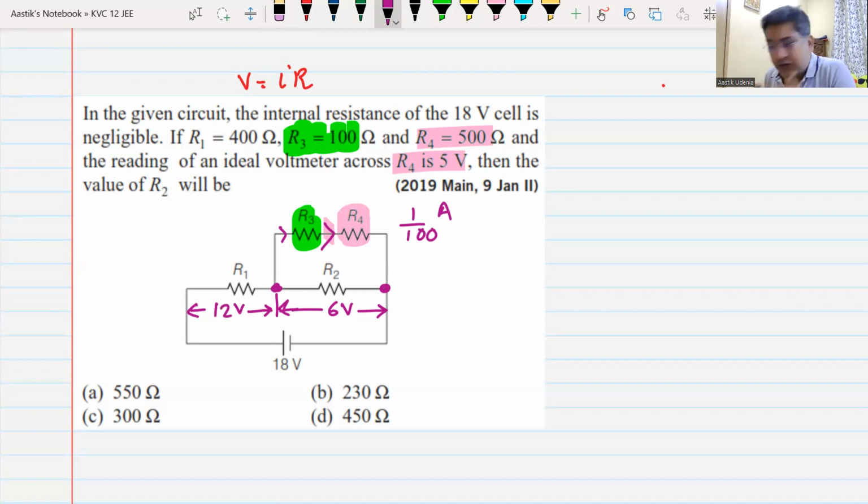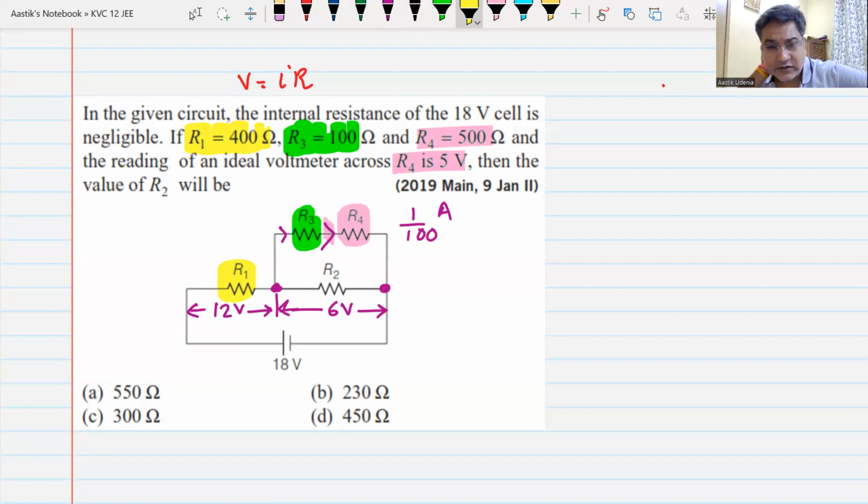There are 15,000 different ways to do it from here. I know the potential drop across this yellow one is 12 volt. I'll tell you one of those ways. I know the potential drop is 12 volt and the resistance is 400 ohm. The only formula that we know in resistance is V = IR.